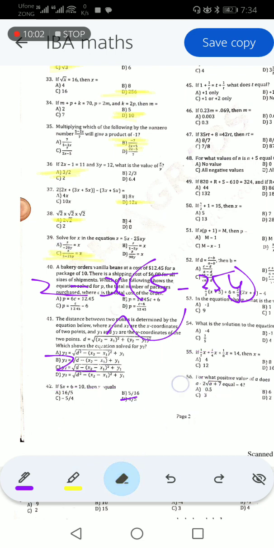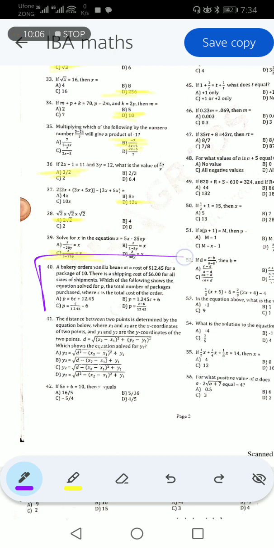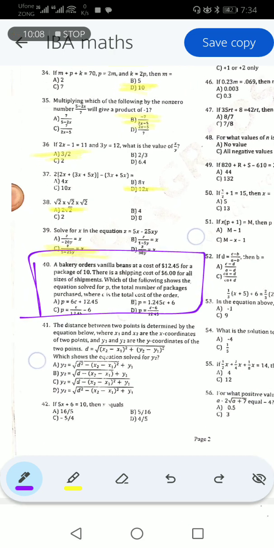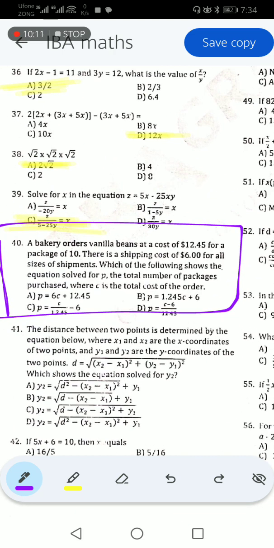Let's move on to the last question. If you have a look at this big question, let me clear it. It's something conceptual. A bakery orders vanilla beans at a cost of $12.45 for a package of 10.